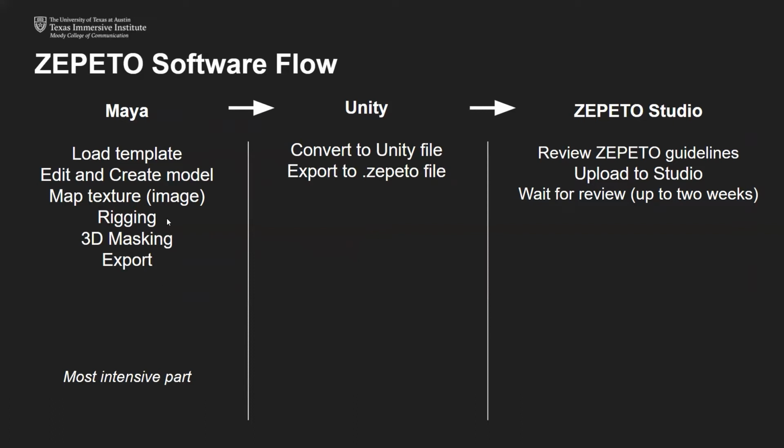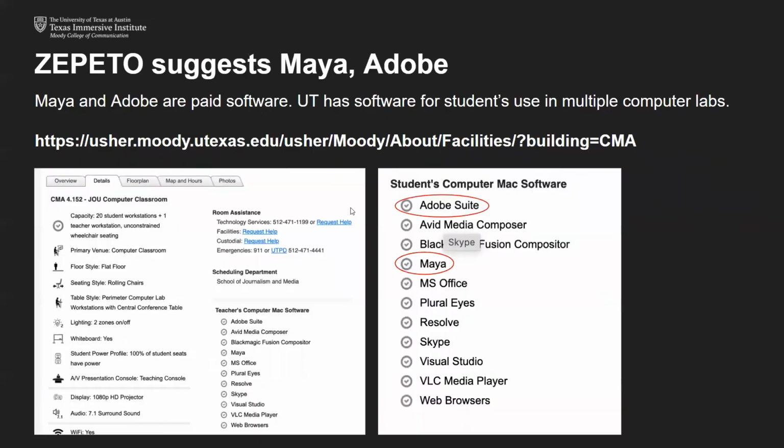You probably won't need to do much rigging. I don't remember what the workflow is for Zepto, but mostly it's moving points around in 3D space and mapping the texture correctly. From there, you'll go to Unity, which is the game engine. And I'm pretty sure this process is pretty standard. You just import the file you made in Maya or Blender and then export it to .zepto, and then you upload it to Zepto Studio.